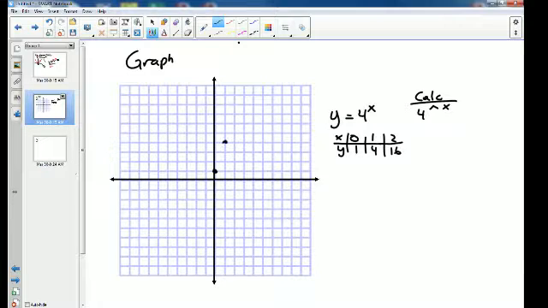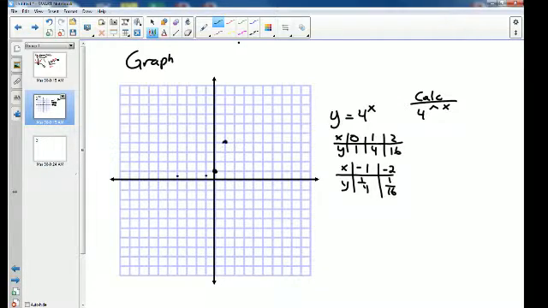So what about over here though? What if x is negative 1? Yeah, it's 4 to the negative 1, right? Which is 1/4. If x is negative 2, 1/16. So you see what's happening as we progress to negative infinity?